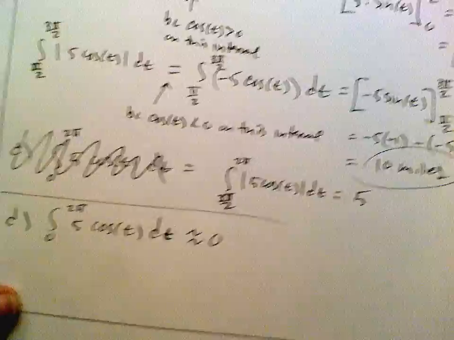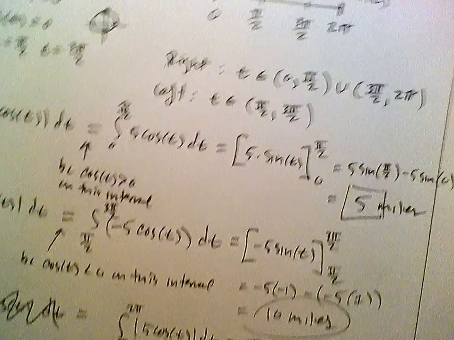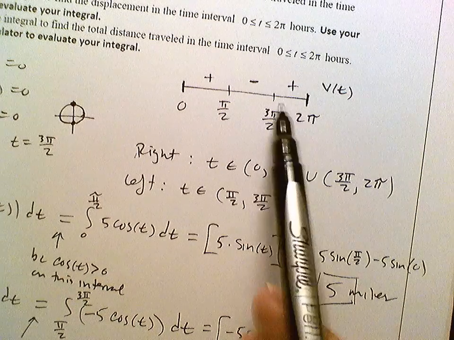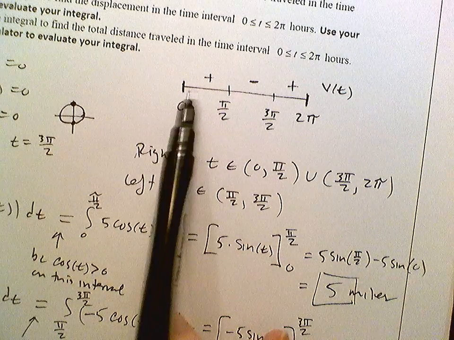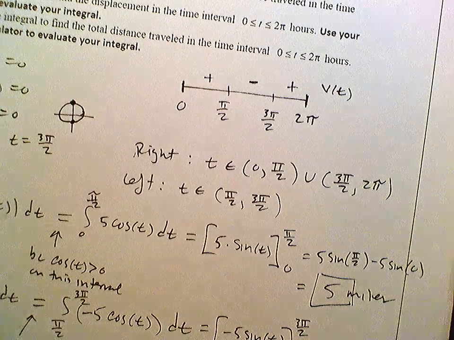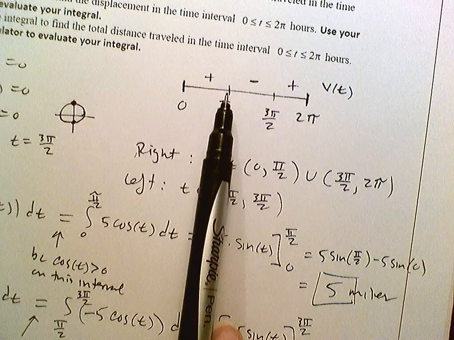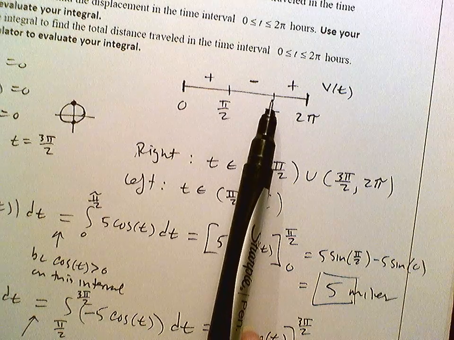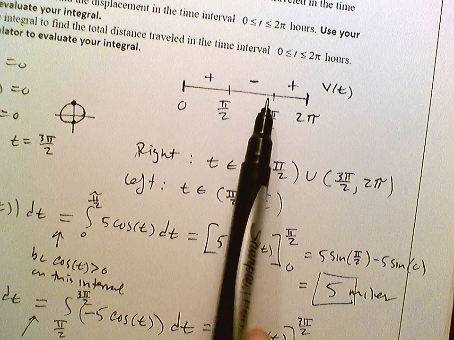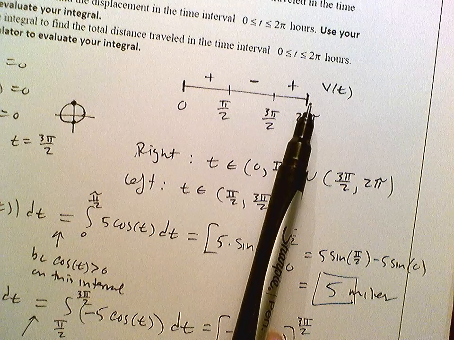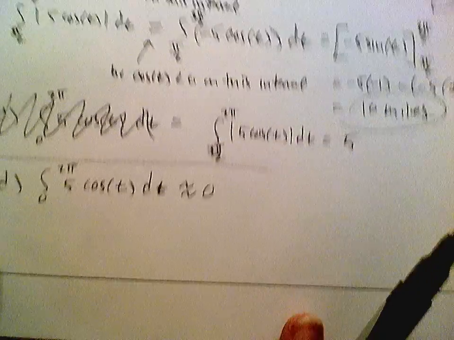This makes sense to me now because I figured out by finding the total distance traveled that on this interval we're traveling right 5 miles. And then on this interval we go left 10 miles and then again right 5 miles. So right 5, left 10, right 5, you end up right back at the beginning, okay? So that's good to know.